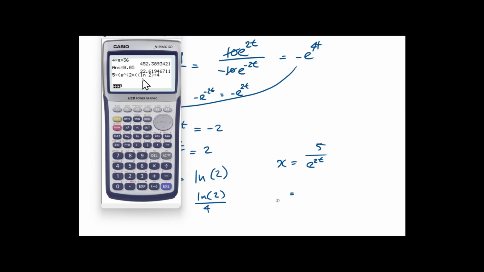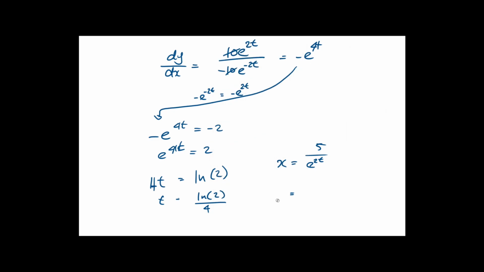Now I have to make sure I've got the right number of brackets. 1, 2, 3, 4. 1, 2, 3, 4. 3.535533. I did this before on a Neo calculator, and the answer that I got for that was 5 over square root 2. But the answer that we got there is fine.